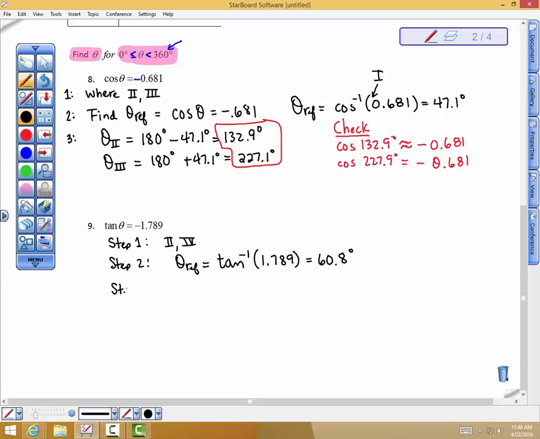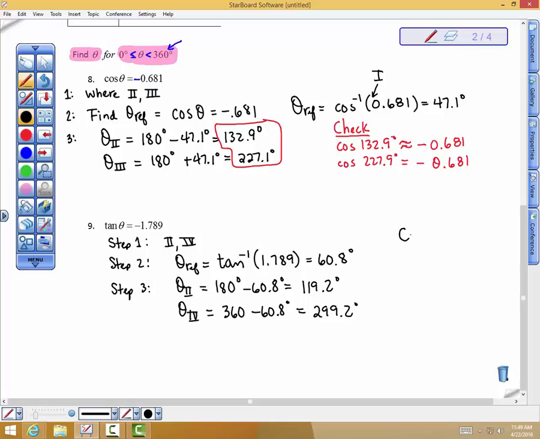Step number 3, because this can happen in two places, use our formulas. In the second quadrant, we'd take 180 degrees and subtract the reference angle and get 119.2. I'm doing that in my head right now. And in the fourth quadrant, since tangent's negative in the fourth, I'd take 360 minus the 60.8 degrees, so I'd get 299.2 degrees.